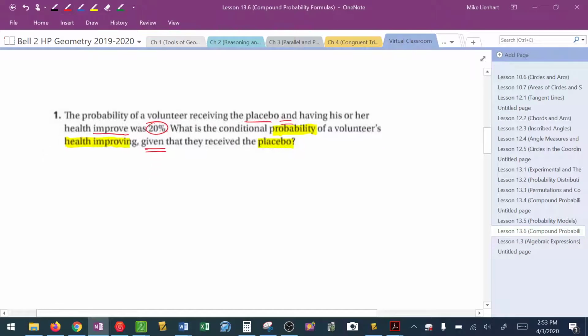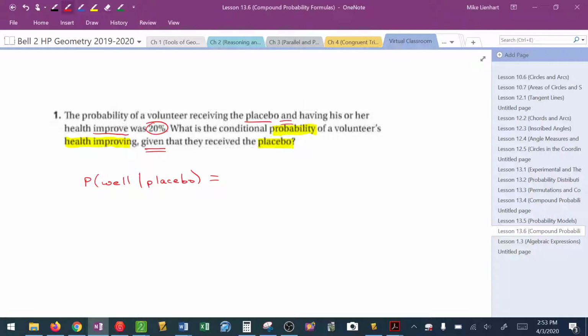I would write this as the probability of health improvement, let's call that getting well, given that they took the placebo. Success is you got well and took the placebo, or you took the placebo and got well.